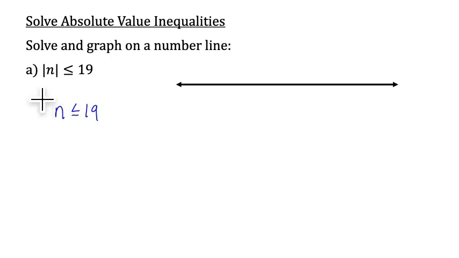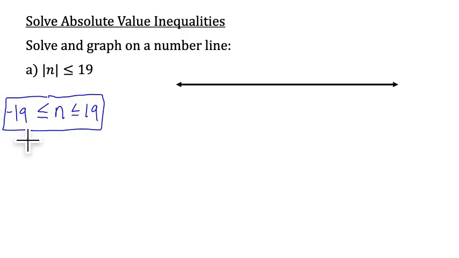And then on the other side, with the inequality facing the same direction, we'll put the negative, or the opposite, of that number on the right side over here. And that's our solution.